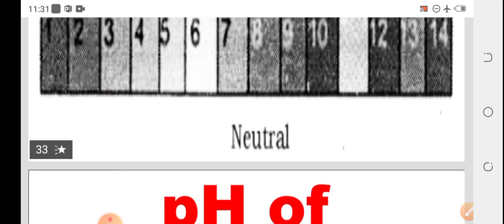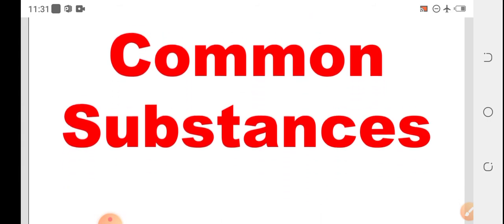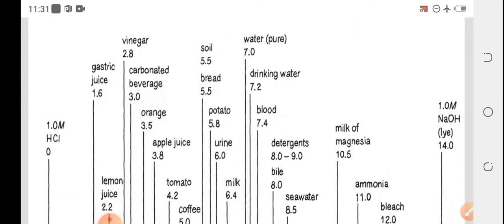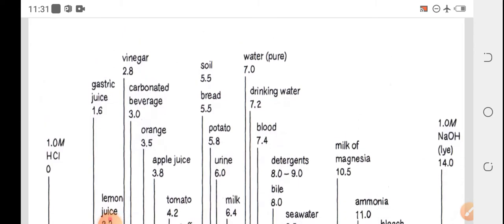And here you can see exactly the seventh one is neutral. pH of common substances. In our daily life, we will see some of these elements.